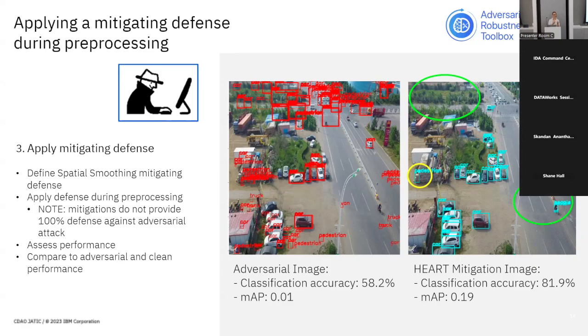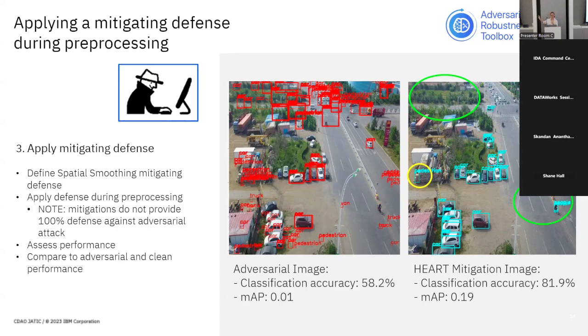So in this case, we apply a spatial smoothing pre-processing right before running the model. So that means that those carefully calculated perturbations that we saw, those little pixel changes, when you compress the image or you smooth the image, at a pixel level, those changes kind of average out. So the impact is not as strong.